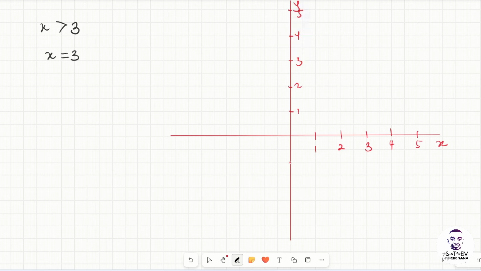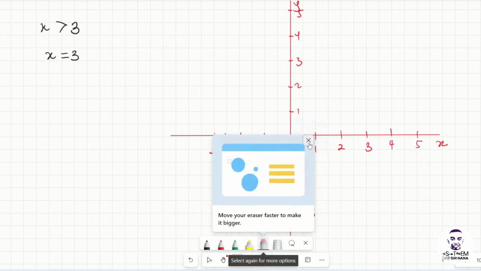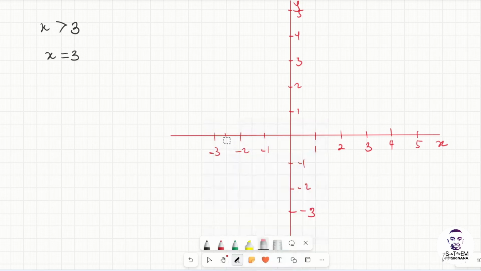Then we have the negative side where we have -1, -2, -3 on both axes. So this is our graph on both the x and the y-axis.